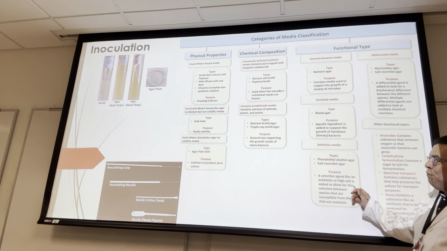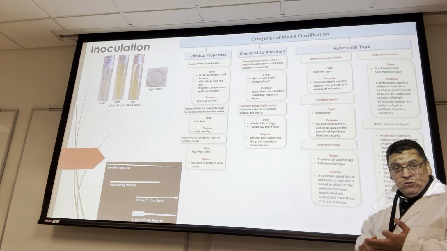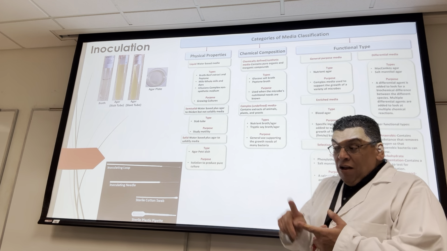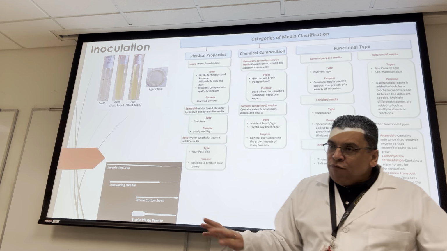You're gonna have 6 different selective differential media plates. You need to know everything about them. And we'll talk about it. You need to know what they do, what they kill, what do they not kill, why, and all those things. What color will be produced and why that color, and what color will the other one have and why that color, everything about them.